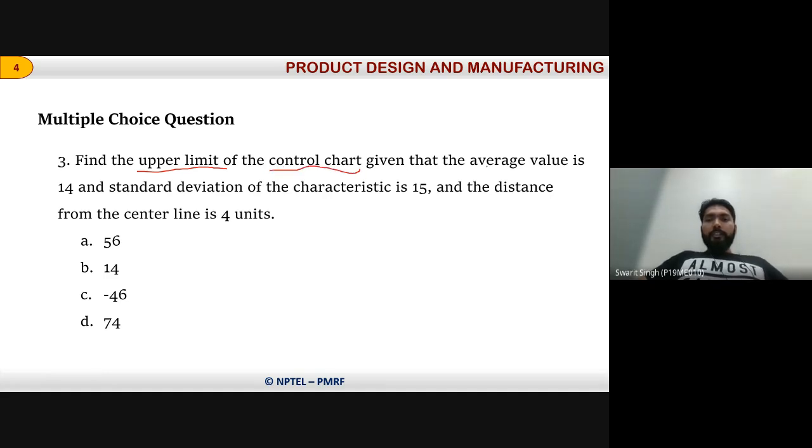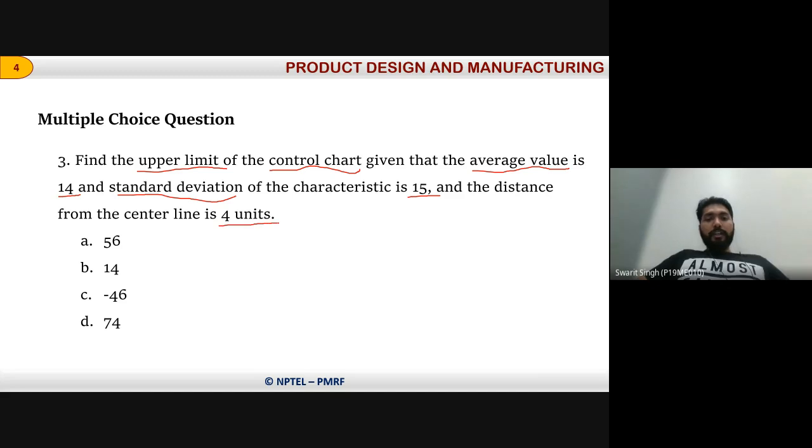Given that the average value of the quantities or readings that we are taking is 14, and the standard deviation of the characteristics is 15. Standard deviation is given as 50, and the distance from the center line is 4 units.